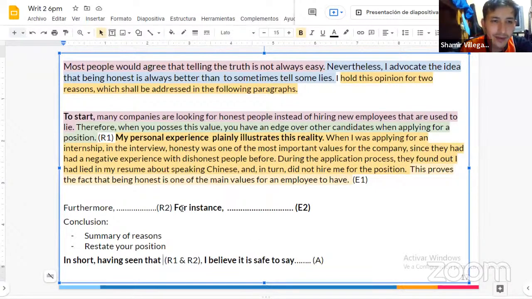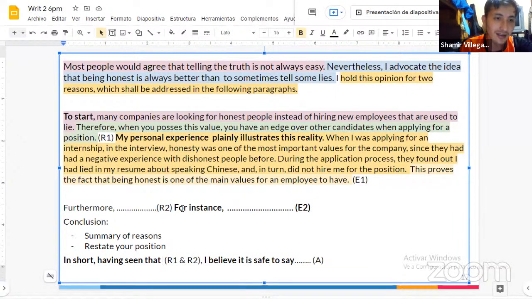Yes, sure. I don't know, but could it be a good idea to say in the first part, in the conclusion, in short, having had that bad experience related to my internship, to my application for internship, and believing that most times it's better to say the truth instead of telling lies.